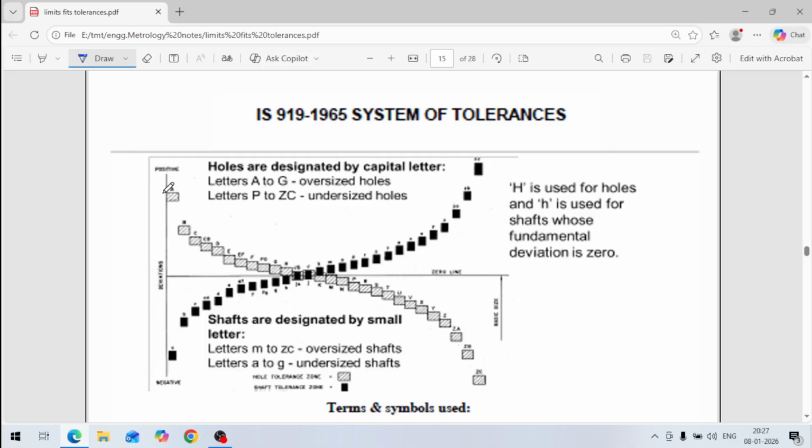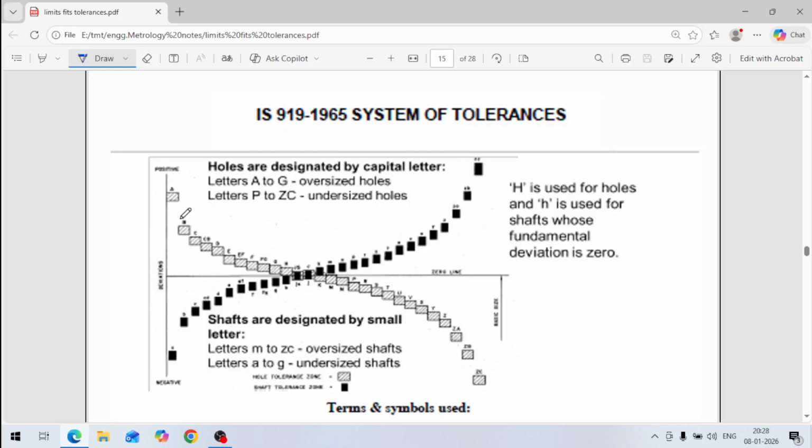If you see A is a hole, so here lower deviation up to this point, then this is upper deviation, and this is tolerance between lower deviation and upper deviation. This difference is called tolerance here. So all the holes from A, B, C, like this, A to H, these are oversized holes.